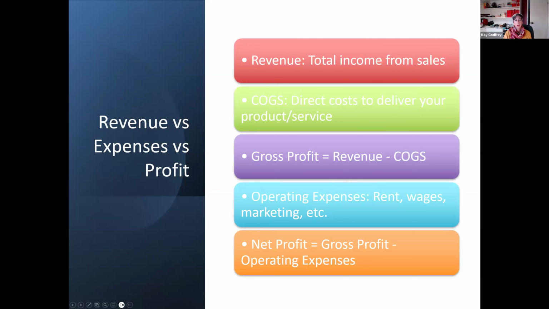So it's a key report to track business performance over time. So let's talk about revenue versus expenses and versus profit and what all those things mean. So revenue is the total income you get from your sales, the total amount that you invoice to your customers. So cost of goods sold. These are the direct costs to deliver your product or service.